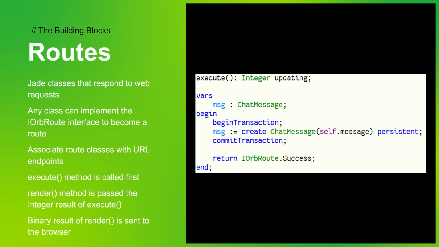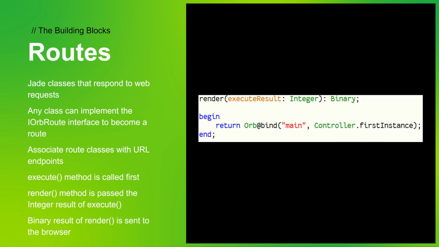After the execute method returns, the render method is called, and the execute result is passed in, and you could have conditional logic that changes what happens based on the value of that execute result. But in this example, we're just returning the result of calling the bind method on our main template, and that will send the HTML returned from that main template to the web browser to display.